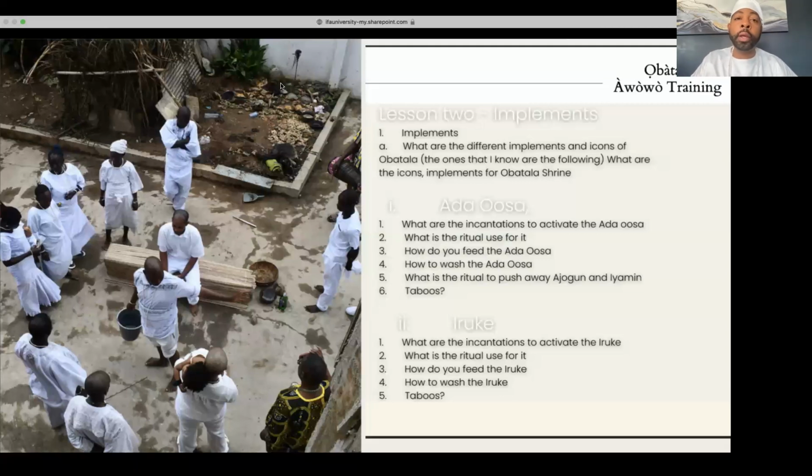But there was a story about Obatala and a couple of animals, and they were playing this game. It was an elephant, I think a buffalo, and then Orunmila and his wife, but I forgot what animal his wife was represented as.